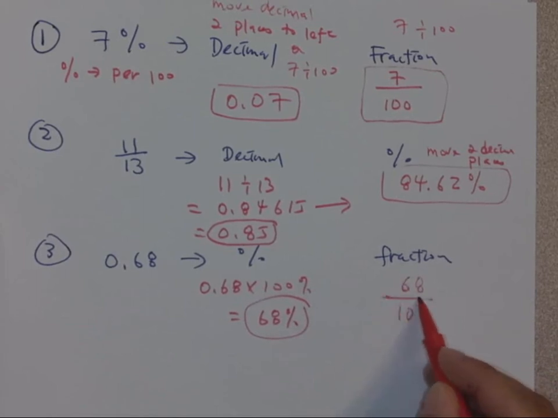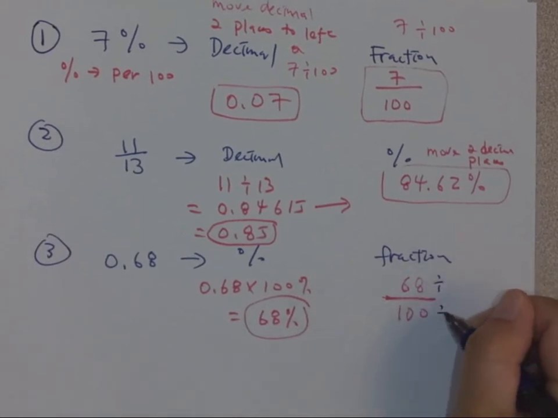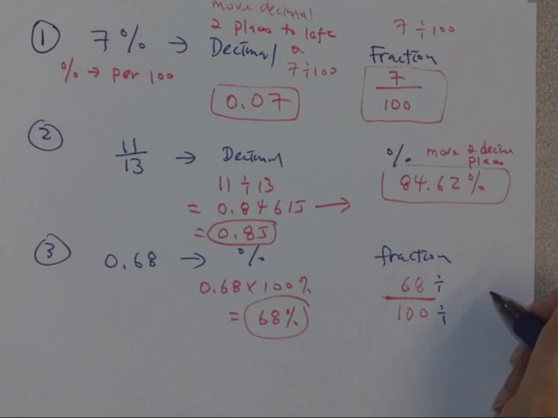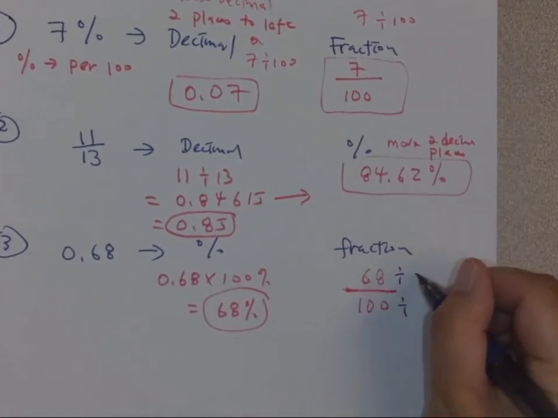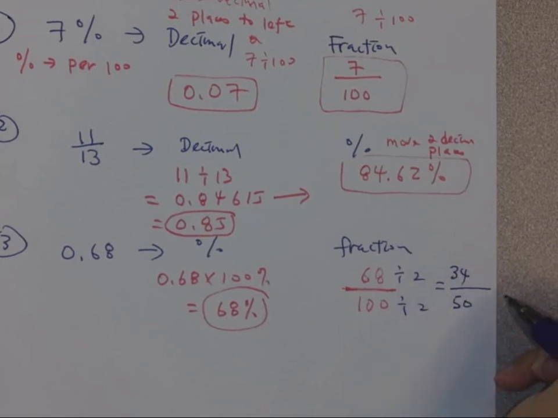So if it's something you can reduce, you will have to reduce it. How? Dividing by 2, both of them can be divided by 2, and then you will get 34 over 50. Final answer?